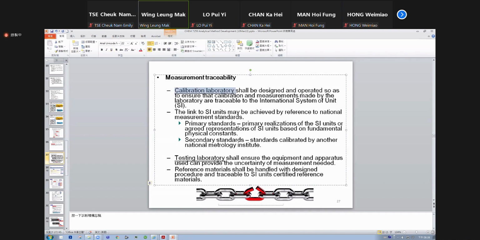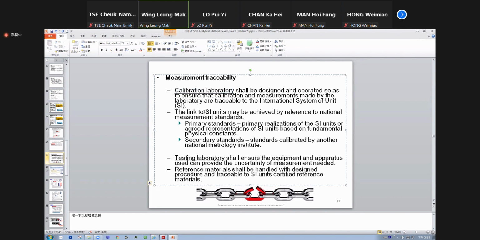Calibration laboratories always need to trace to the SI unit, but not only the calibration laboratory, also for the calibration of balance, thermometer, hydrometer, something like that.